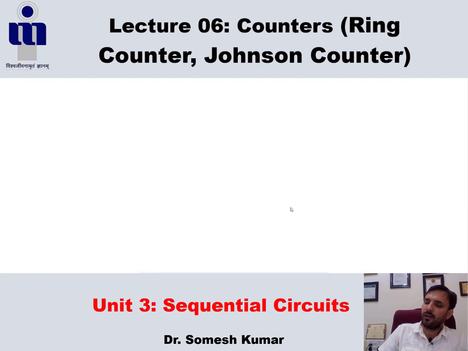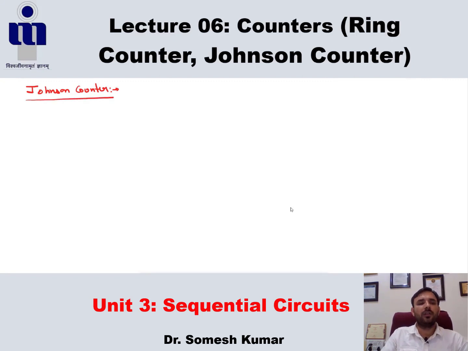Now we will study our next synchronous counter, that is the Johnson counter. So our Johnson counter is also a synchronous counter. The alternative name of Johnson counter is twisted ring counter. It is also called twisted ring counter, switch tail counter.